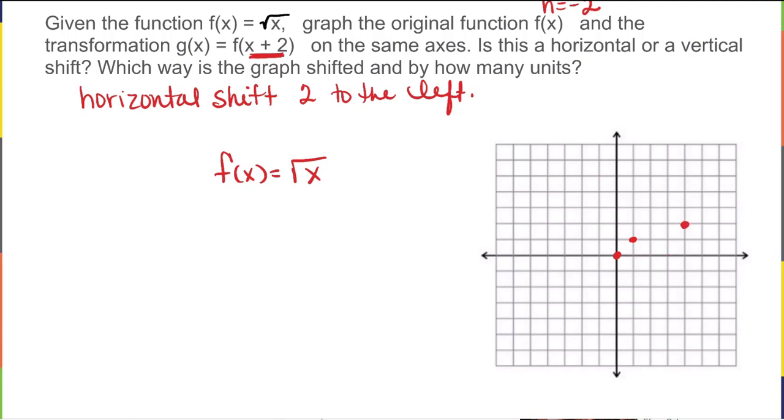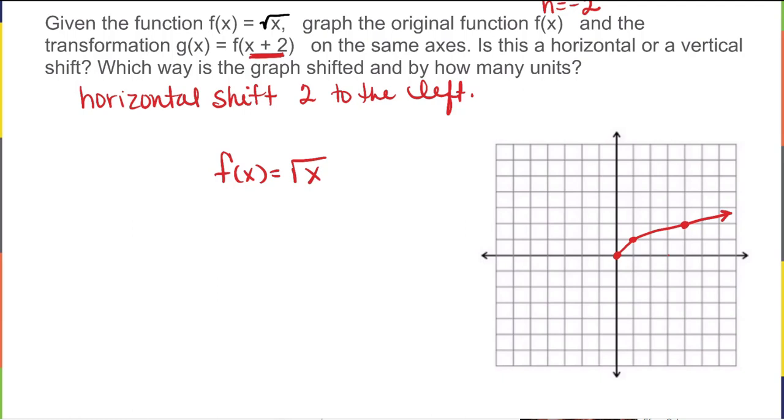So I've got the points 0, 0, 1, 1, and 4, 2. If I kept going, then I'd have the point 9, 3. There are no points to the left of that, because you can't have the square root of a negative number. And there are no points below either.